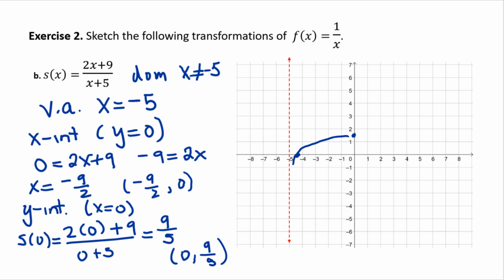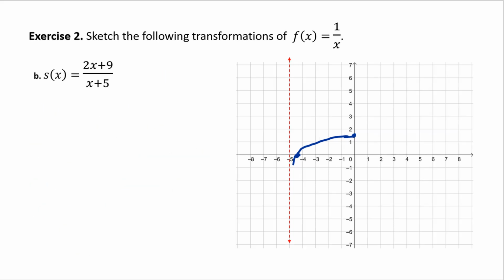We need to continue working with this to see if we can find a horizontal asymptote. One of the options we have is to perform polynomial long division to rewrite this expression using the division algorithm. So let's do that. We'll have x plus 5 as the divisor into the dividend 2x plus 9.